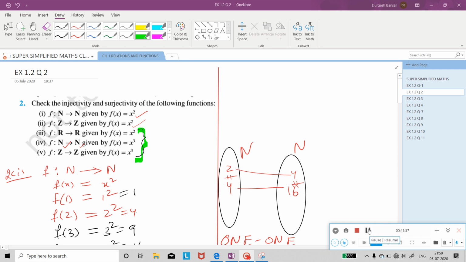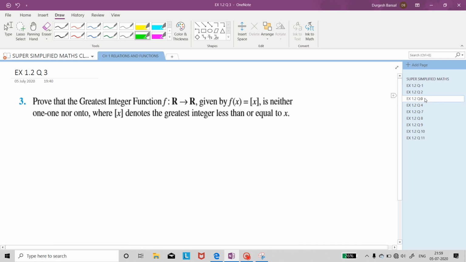Now we move to question number 3 of the same exercise 1.2. Please go through it. The question says, prove that the greatest integer function f from R to R given by f(x) equal to the greatest integer function of x, this is the symbol of the greatest integer function, is neither 1-1 nor onto.